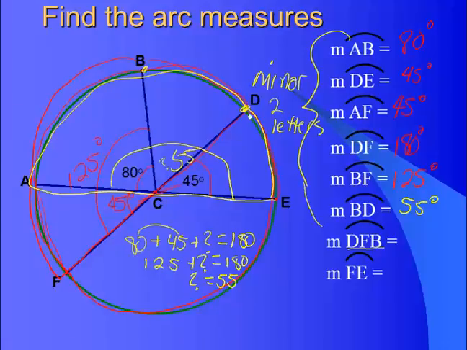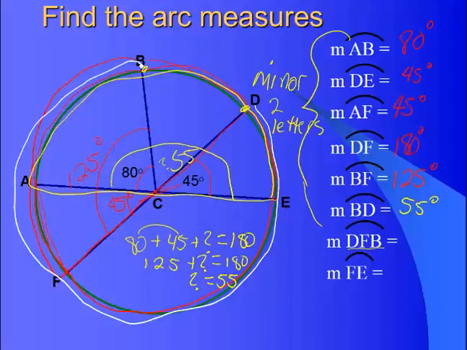So I'm going from D through F back to B. That is definitely a major arc. That is way more than 180 degrees. So we're going to use three letters here. This is a major arc. So I automatically know it needs to be more than 180 degrees. So if I don't get a number more than 180, I've done something wrong.